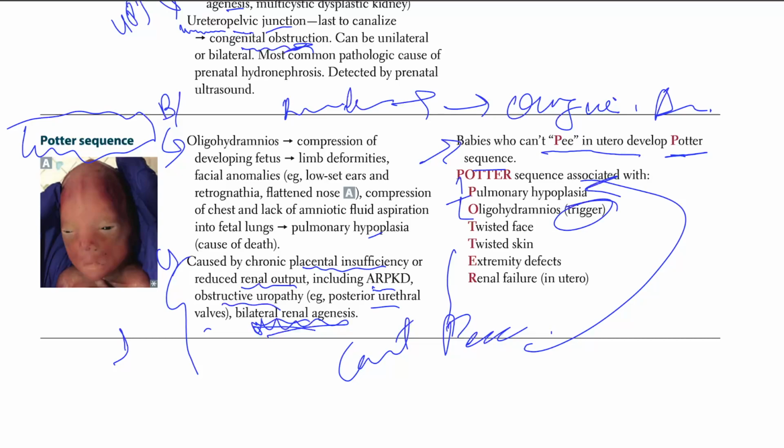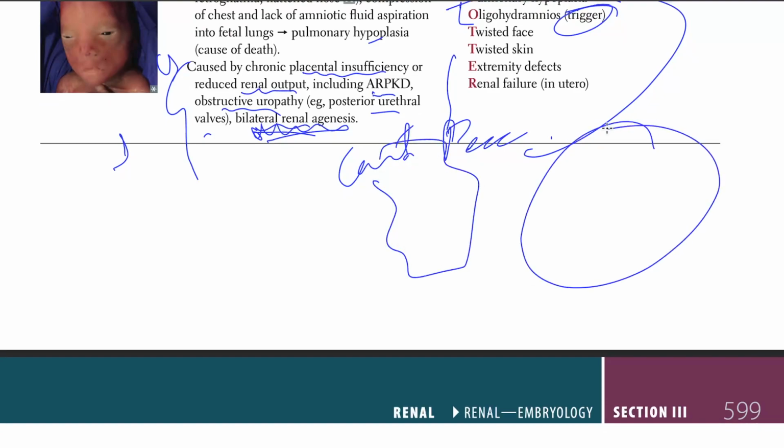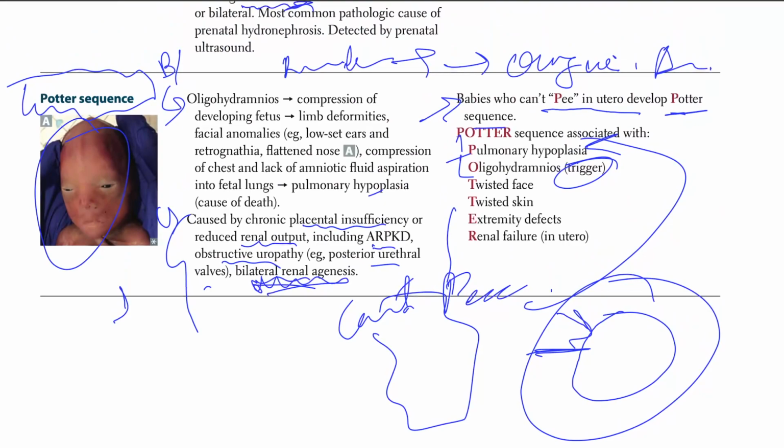And the fetus is just sequestered, like this is the fetus. So the normal, you have the amniotic fluid, and it's nice. The fetus is laying around nicely. But when you have a low amniotic fluid, this is pushing on the fetus, so causing facial abnormalities, extremity defects, or limb abnormalities, just because it is pushing the fetus. Okay, and renal failure.